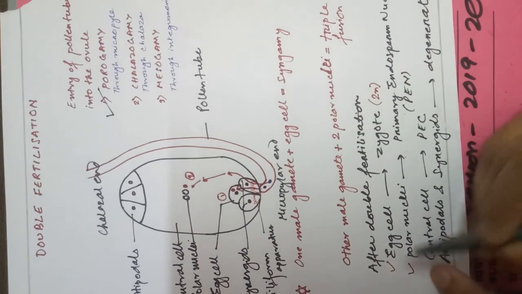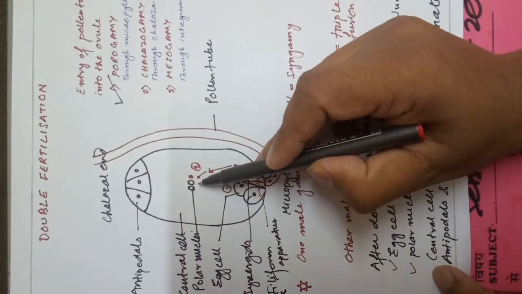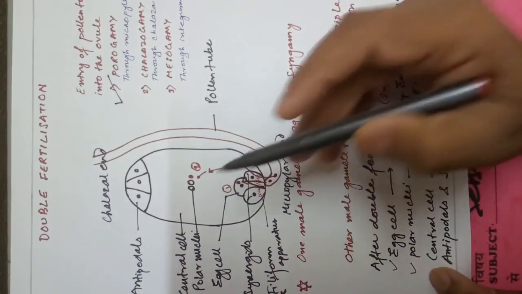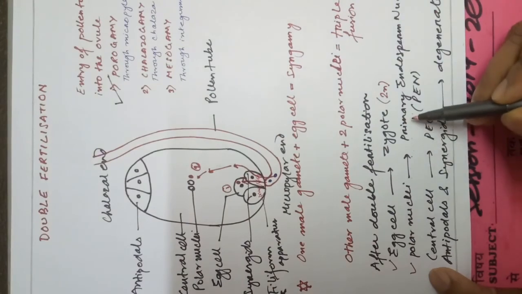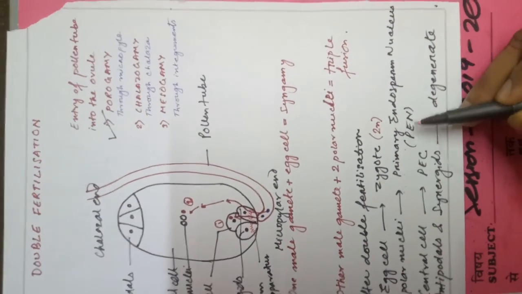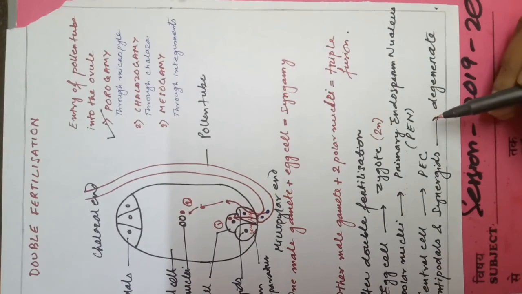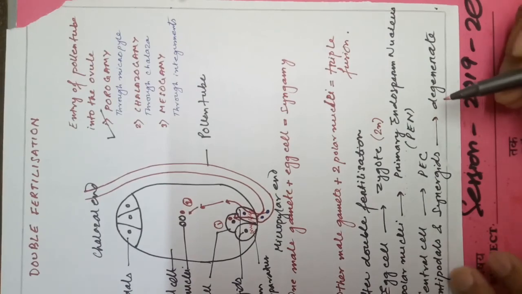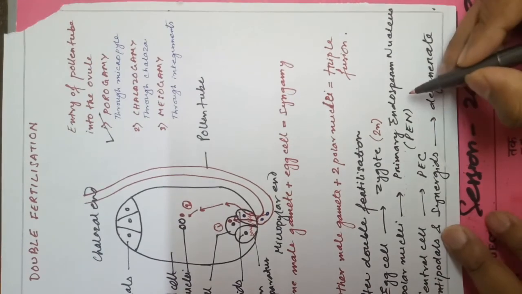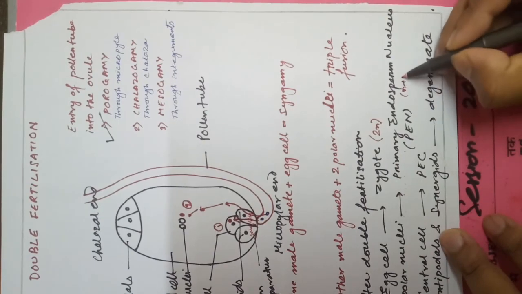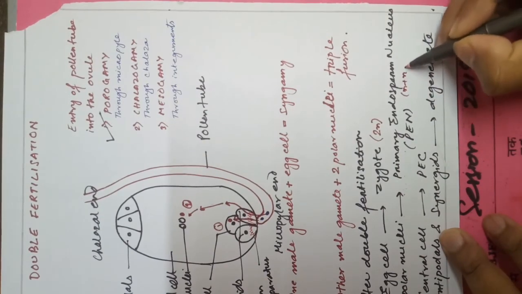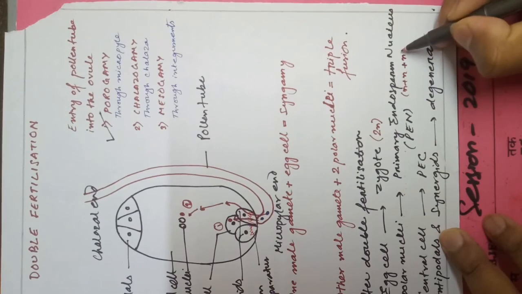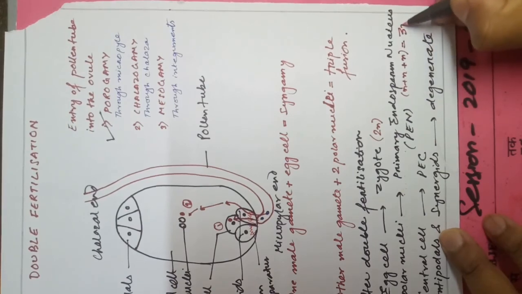What will happen to the polar nuclei? After fertilization, the polar nuclei become the primary endosperm nucleus, or PEN. A very important question: since it was N plus N in the beginning, and now one more N has come from the male gamete, its ploidy will be 3N.